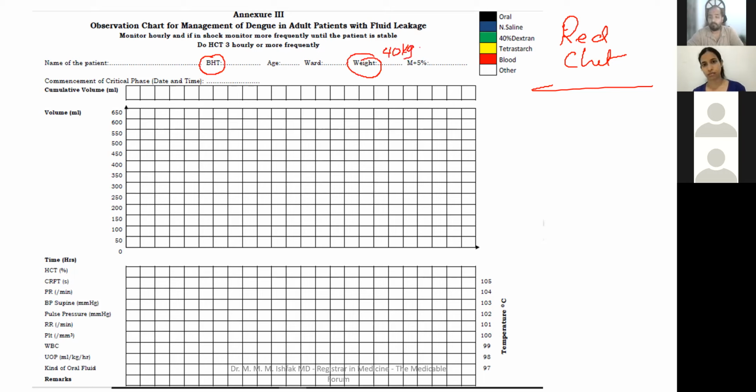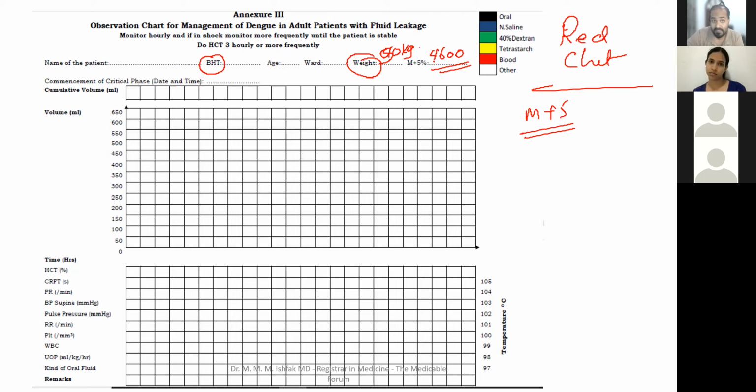The weight is very important. Next, you calculate the M plus 5. You calculate the fluid quota and write it. Let's say she's 50 kgs. So you need to write, okay, this is 4600 ml.